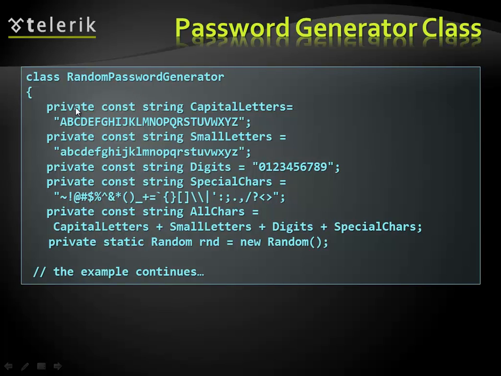And we are defining member variables in this class like this. In this case, we have constant strings here, which contain, for example, all the capital letters, all the lowercase letters, all the digits, all the special characters that we can use in the password. And we also have one constant string that takes all the characters together.